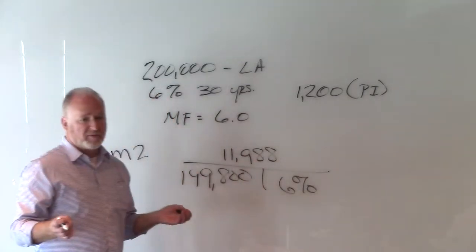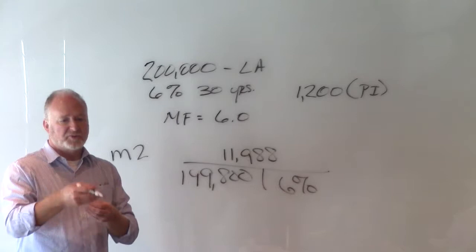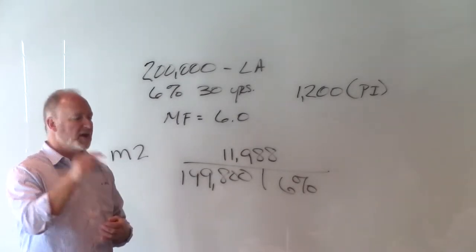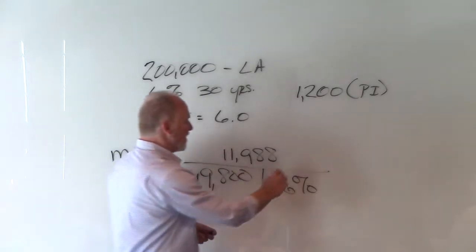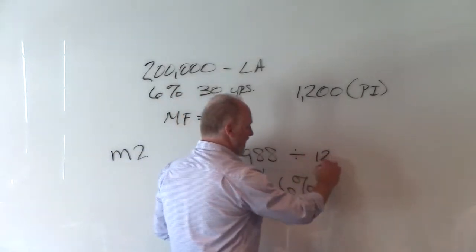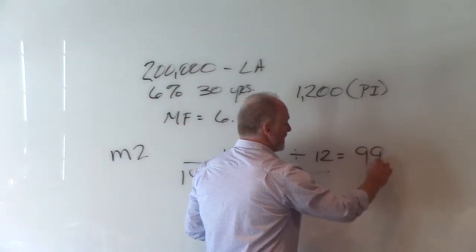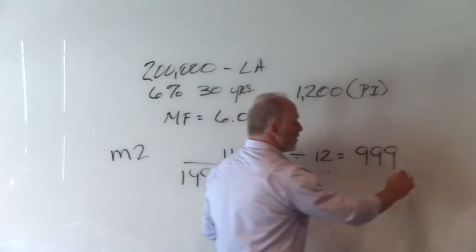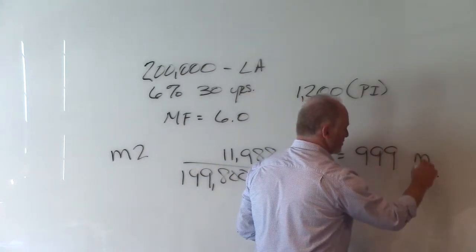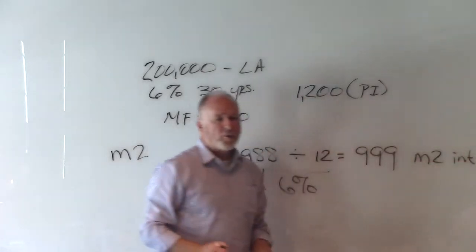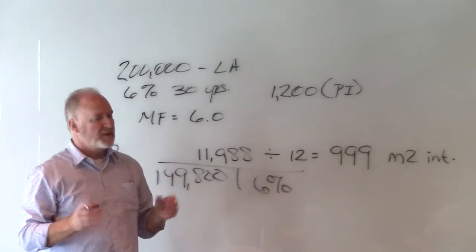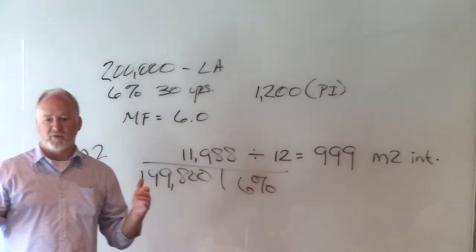That's an interesting number, but to be quite honest with you, it's only interesting so that I can divide it by what? Divide by 12 to figure out how much interest I paid per month. 999. That's interest month 2. I know you're working really hard, but every once in a while, just slow down and look at the relationship of numbers.